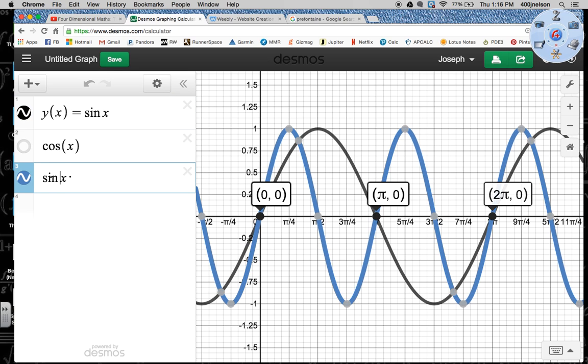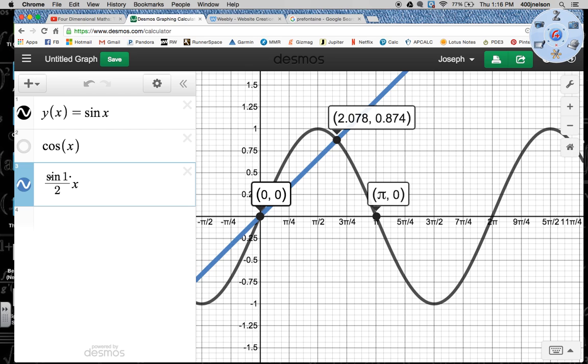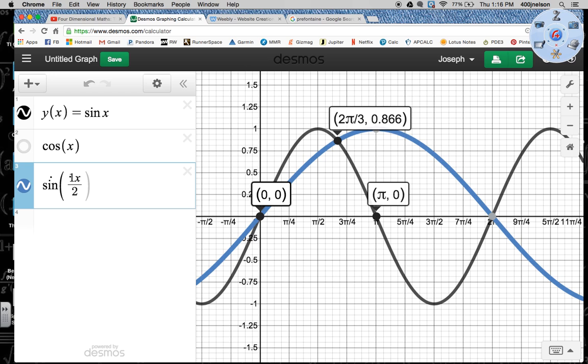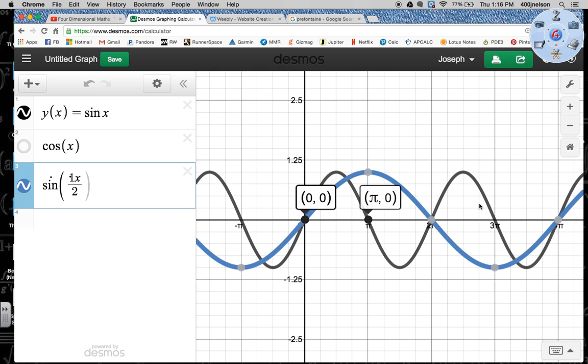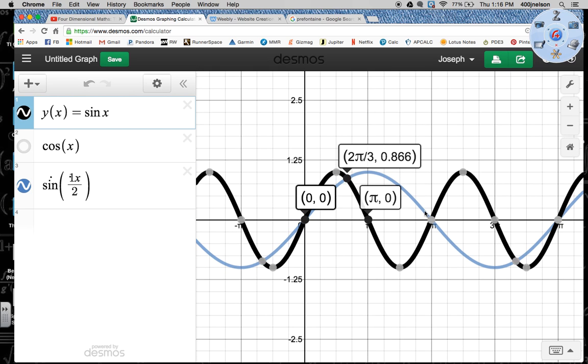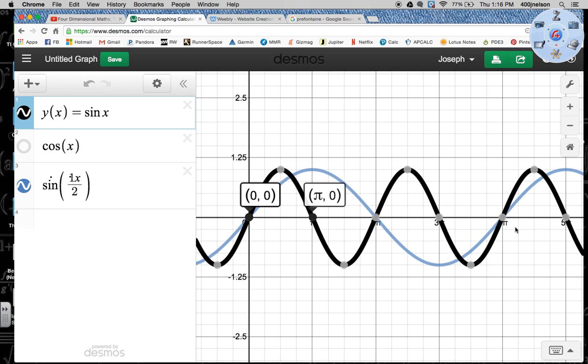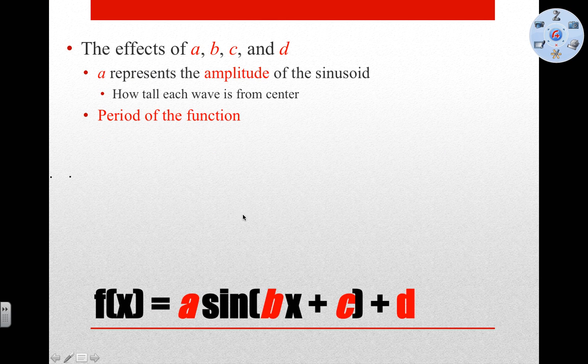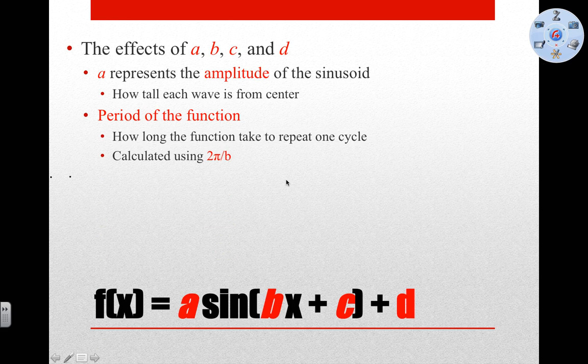We can do the same thing. Let's say it's 1/2. Notice here, instead of going from 0 to 2 pi, it goes from 0 to 4 pi in the x direction. All right, so that is the period of the function.